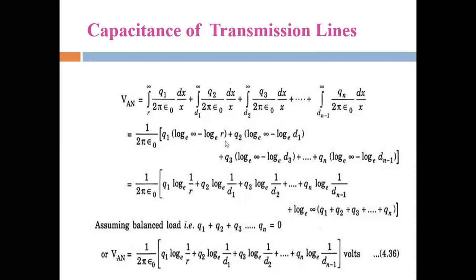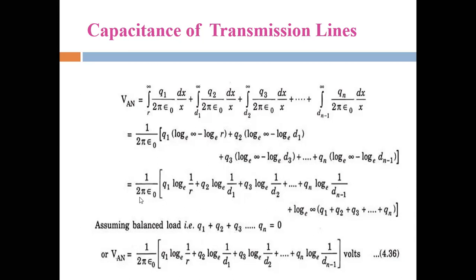Then substitute the limits: 1 by 2 pi epsilon naught Q1 (log e infinity minus log e R) plus Q2 (log e infinity minus log e D1) plus Q3 (log e infinity minus log e D2) plus and so on Qn (log e infinity minus log e Dn minus 1).